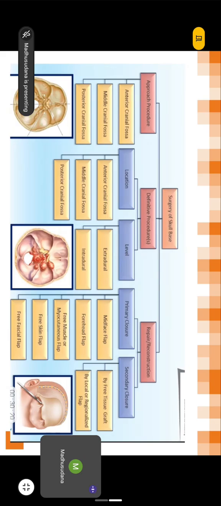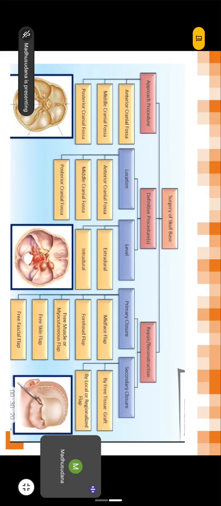Okay, and see, if the definitive procedure is performed in the anterior, you should check thoroughly. Approach also should be in the anterior. Okay, if you are reporting the approach code up to the anterior and the location code is middle, it's not matching. So approach and procedure, both locations should match. That is the only thing we have to check here.